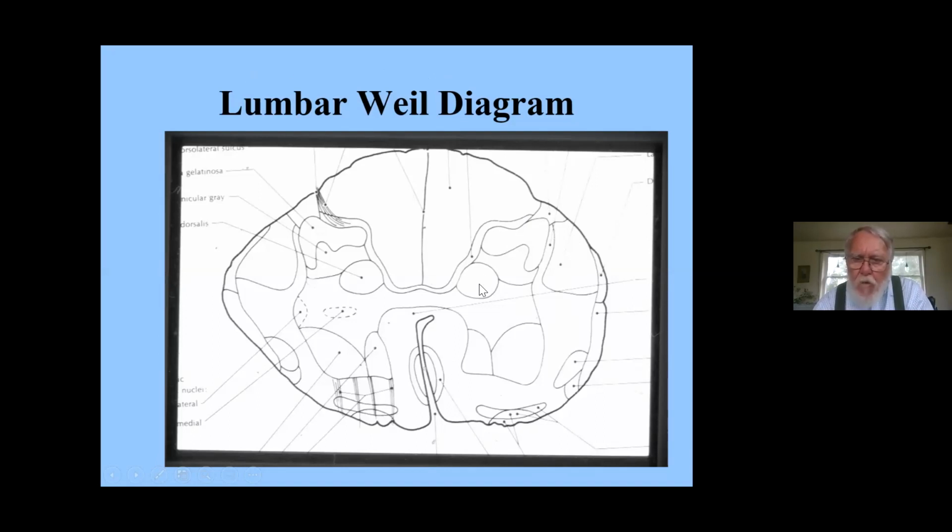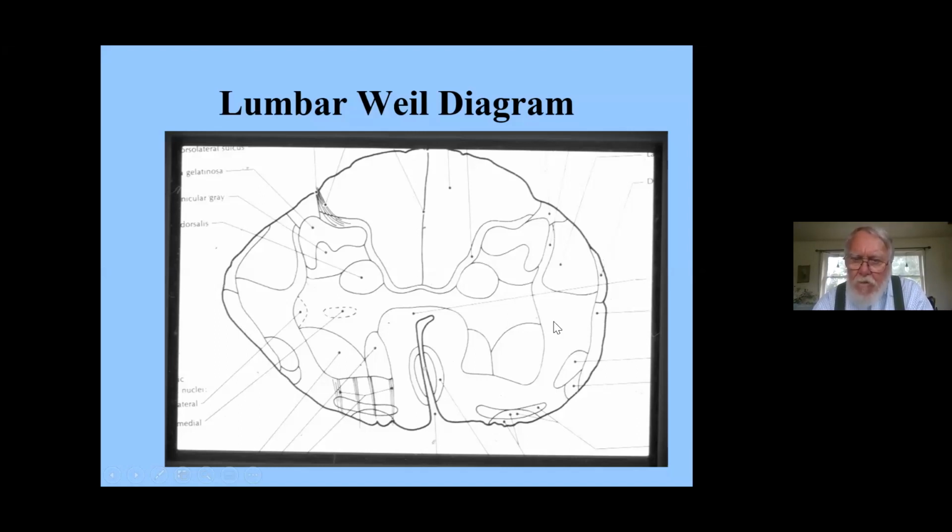But now, because we have the nuclei of Clark that give rise to an ipsilateral posterior spinocerebellar tract, or a contralateral across the anterior white commissure anterior spinocerebellar tract, the most lateral portions of these fibers is the posterior spinocerebellar and the anterior spinocerebellar.